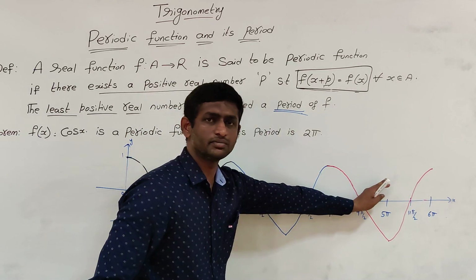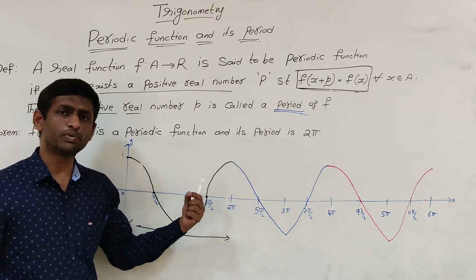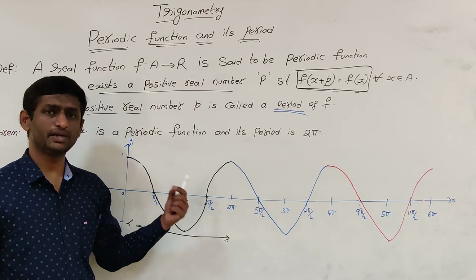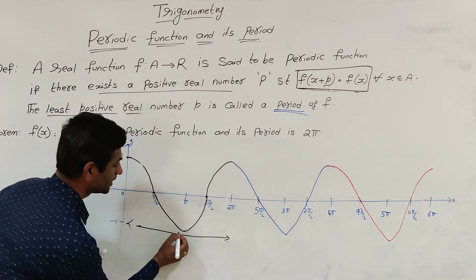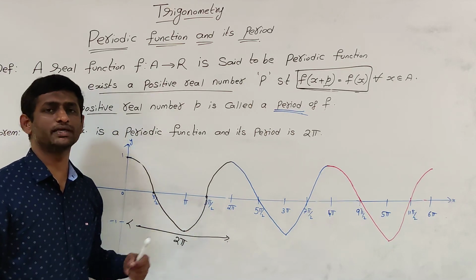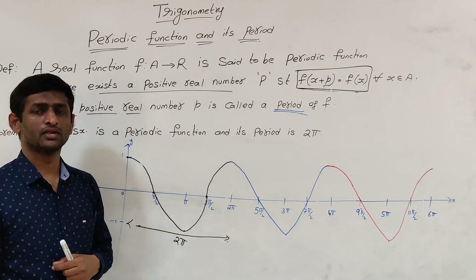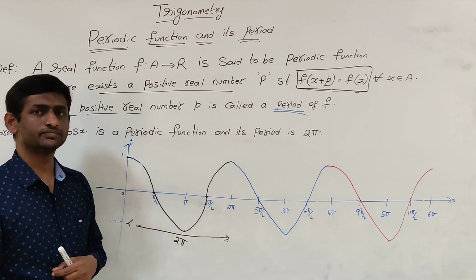Again, for every 2 pi units the graph repeats. So that length 2 pi is called the period of the function. 2 pi is the period.